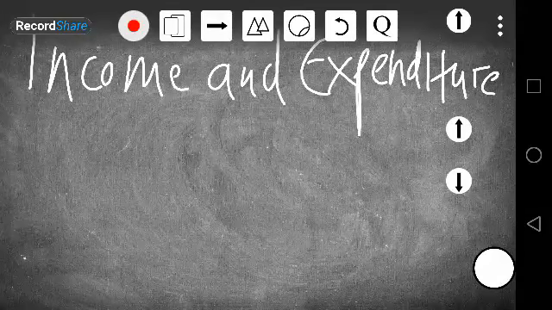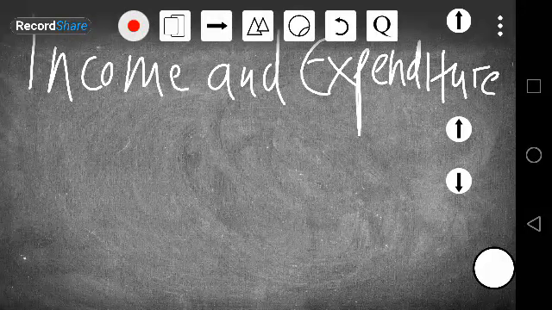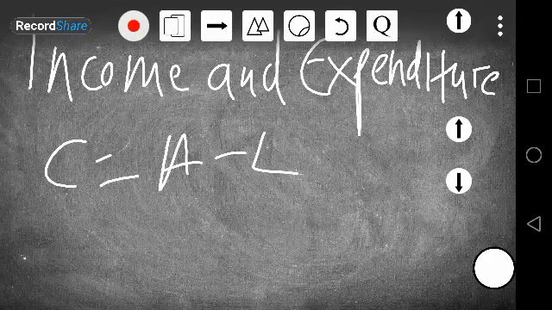Now for the income and expenditure, we are saying in this case we will be having things like assets. So we're going to look at what is known as accumulated fund. So for a sole trader, capital equals assets minus liabilities.